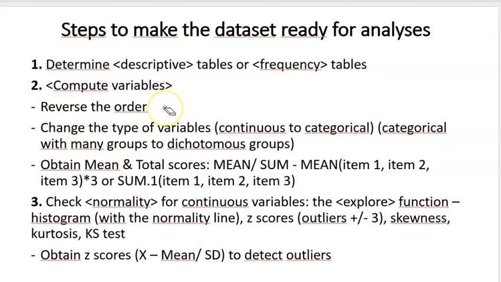If your survey questions are all constructed in the positive way, you can answer in the same order, so you don't have to reverse. However, if your survey questions are constructed negatively and positively in combined order, in that case you have to reverse the order to make them the same construction.